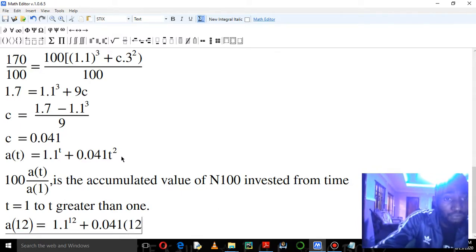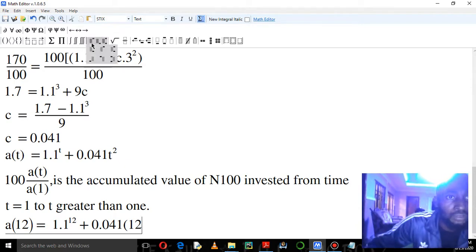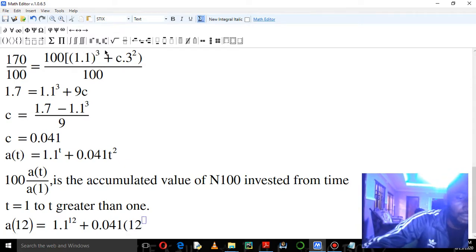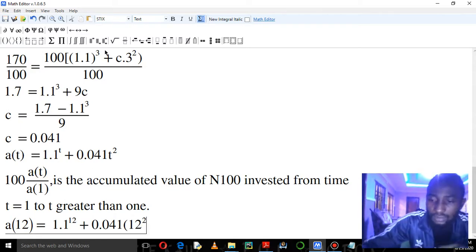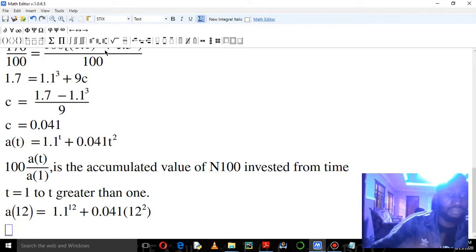Anytime we see t, we put 12 raised to power 2. Do you understand? So this is what you are meant to do.